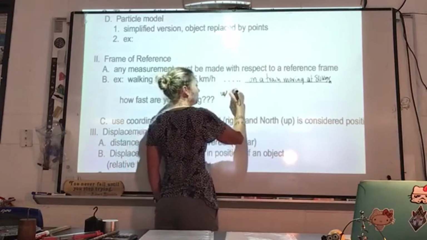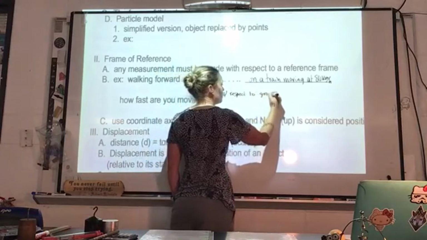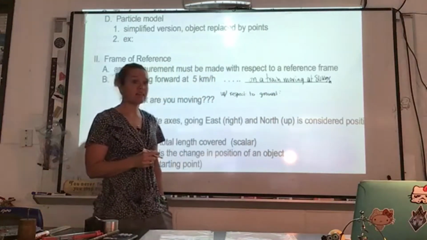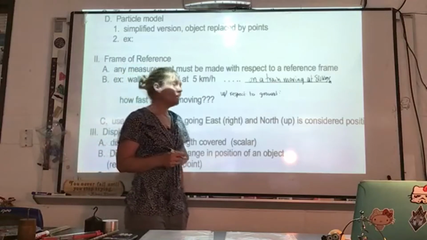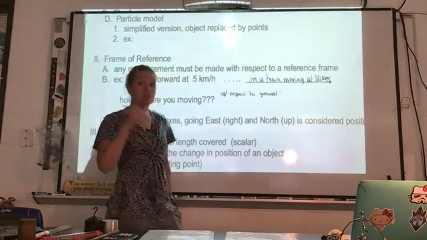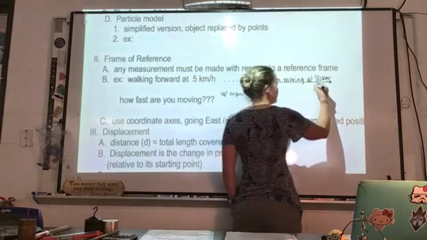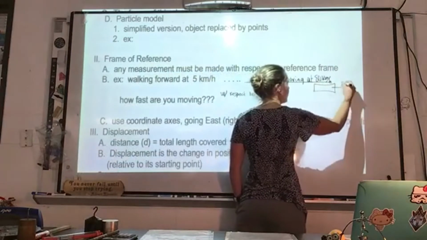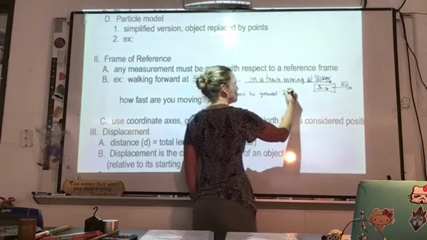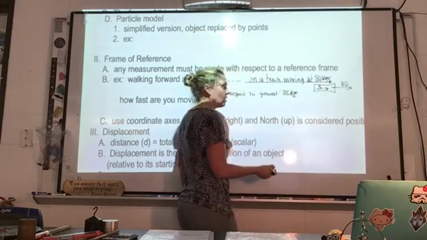So we can say with respect to the ground, how fast would you be going? Well, that kind of depends. Which way were we moving with respect to the train? If the train was moving this way at 80 and we walk this way at 5, then our answer would be 85 kilometers per hour with respect to the ground.